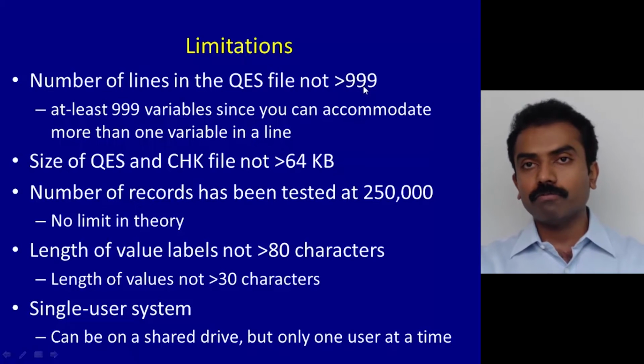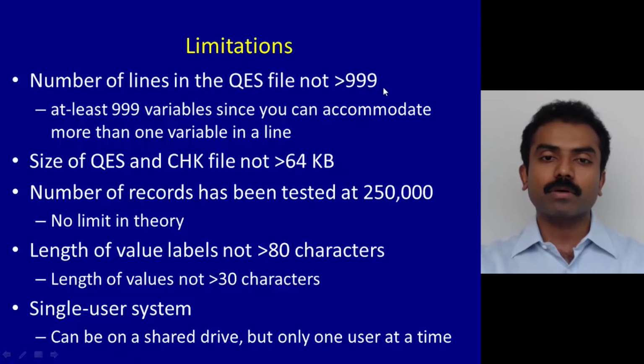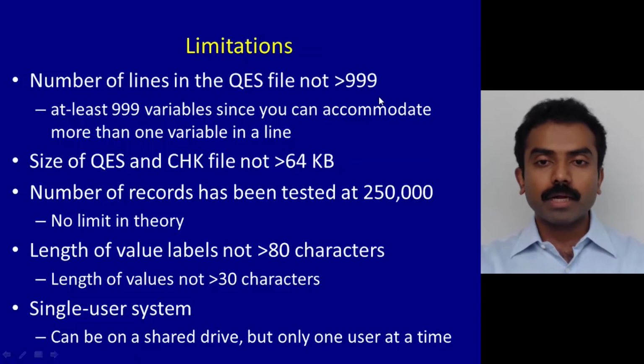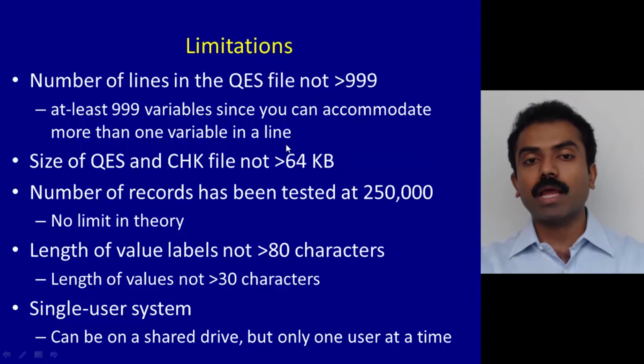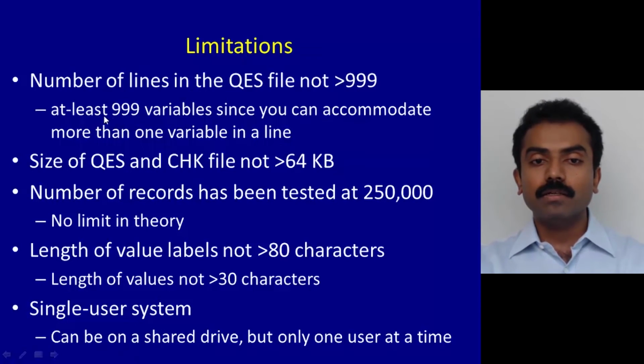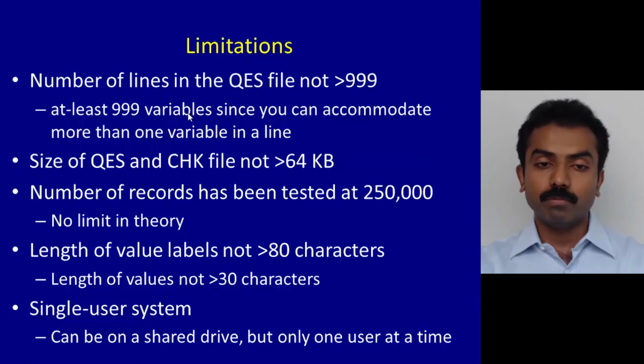Now, I don't know of many datasets which have about 1,000 variables, but it presumes that they can write only one variable in one line, which is not true. I have tried this. You can in fact have more than one variable in the same line, which means that this is only the minimum number of variables. If at all you need, you can go even more.